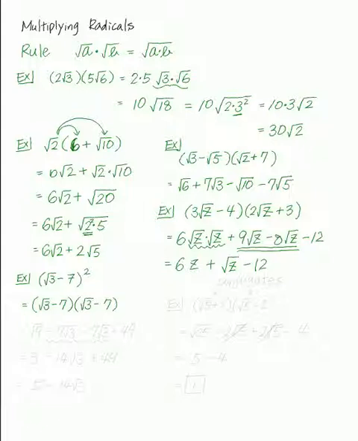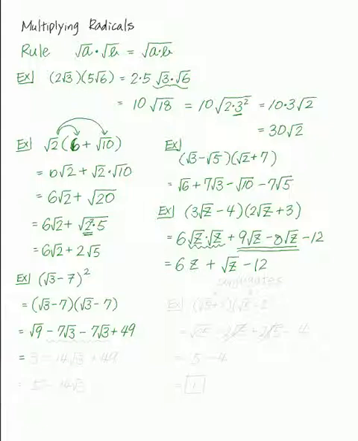Now I'm going to FOIL. Root 3 times root 3 is root 9. The outer terms are going to give me minus 7 root 3. The inner terms are also going to give me minus 7 root 3. And negative 7 times negative 7 is plus 49.